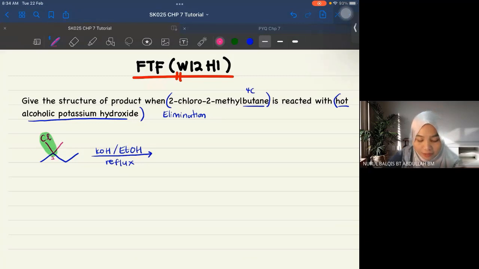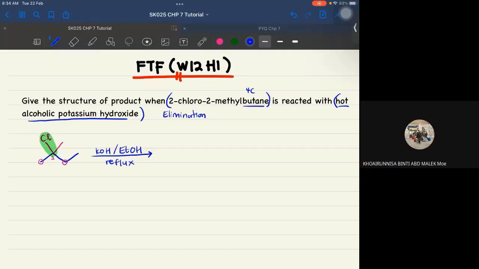So the adjacent carbon now we have 2 of them. One in here, another one in here. So how many possible products of alkene are we going to get? Are we going to get a mixture or only one product? If we have 2 neighboring carbons from this carbon bearing the Cl. Mixture.